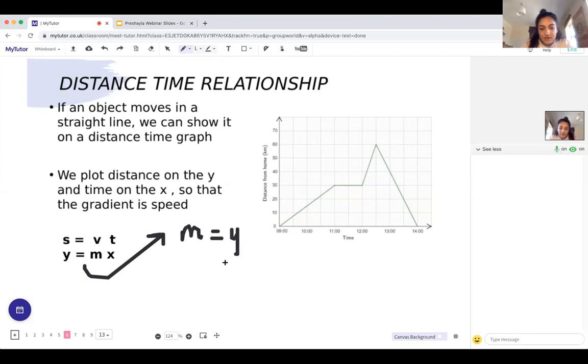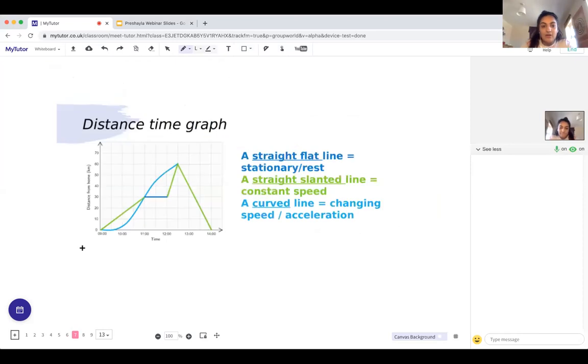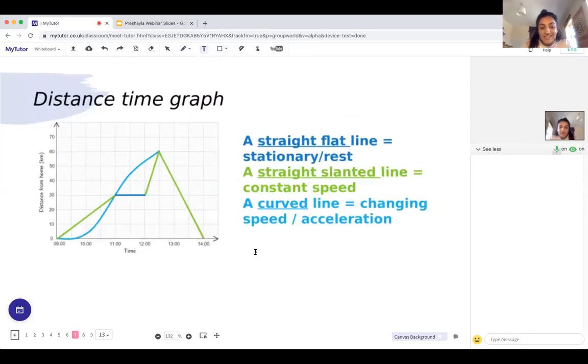So the gradient is the change in y over the change in x. That's how we find the gradient of a line. So the gradient of a distance time graph is velocity. Okay, the gradient of a distance time graph is velocity or speed.